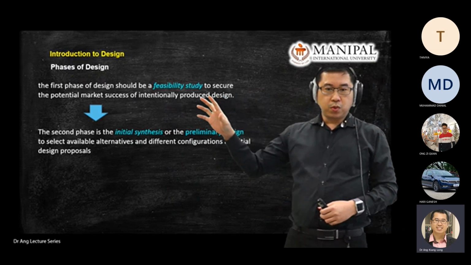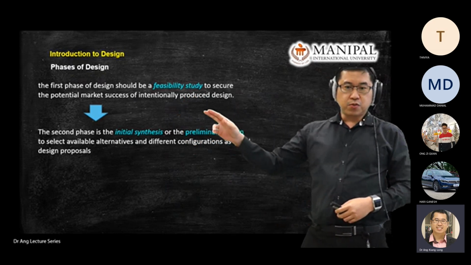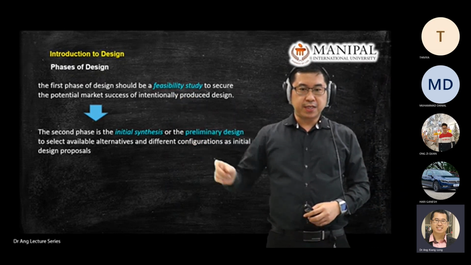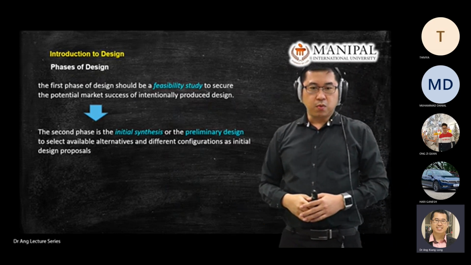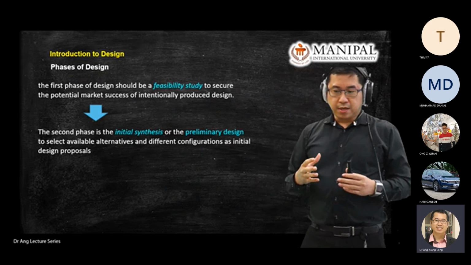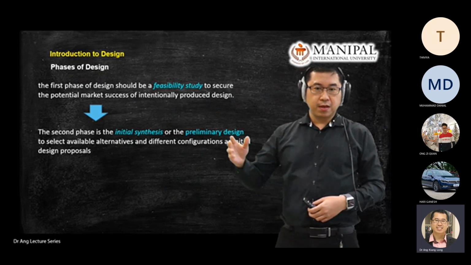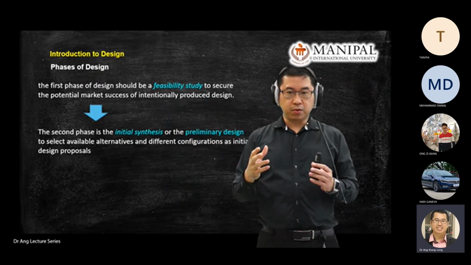So we will have three phases in design. The first one will be doing feasibility studies. This is what you carried out in Capstone Design 1, where you carried out your market survey about your projects.